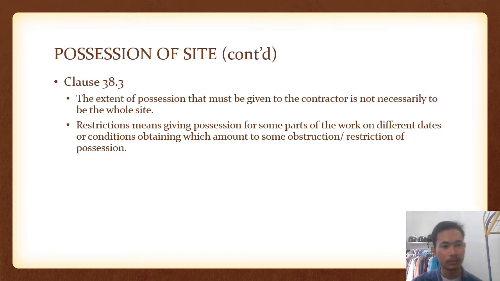If not stated in clause 38.3, the contractor is entitled to assume a reasonable degree of possession of the site to enable him to plan his work. The first point means the contractor can still access the site, but only some of the site.